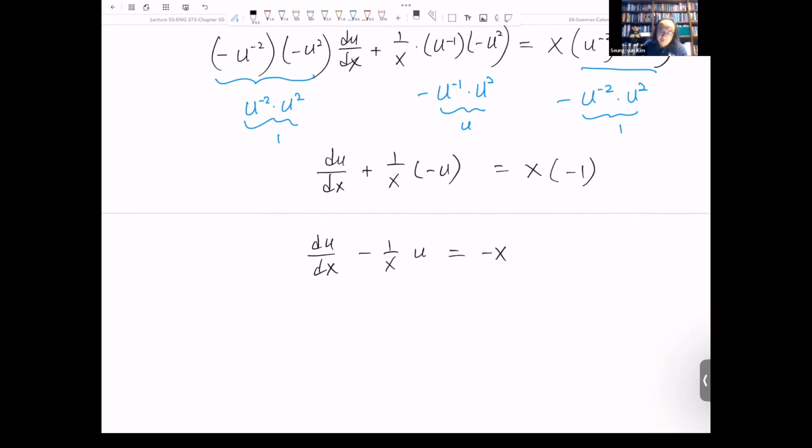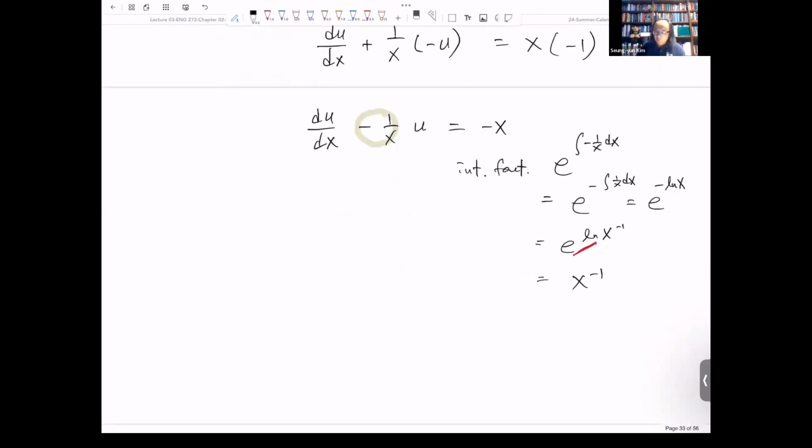Now we need to work on the integrating factor. Our integrating factor is e to the integral of negative 1 over x dx, which equals e to the negative ln x, which is x to the negative 1. Now we multiply x to the negative 1 everywhere.